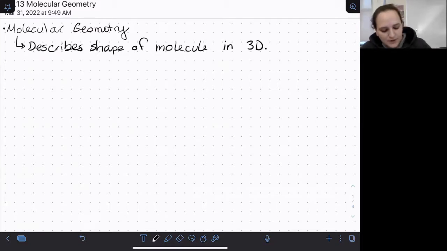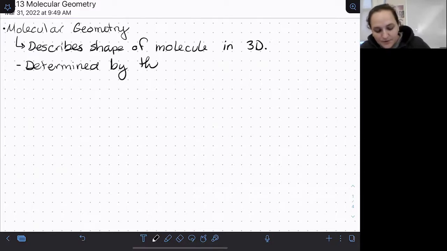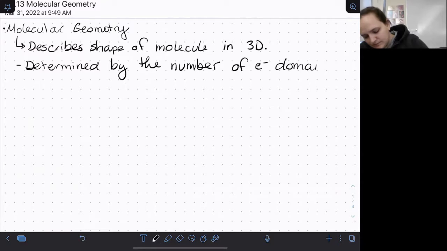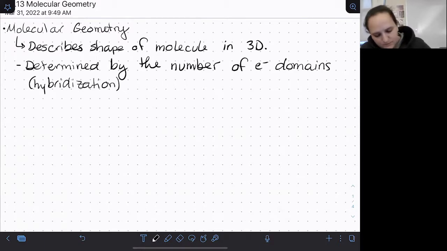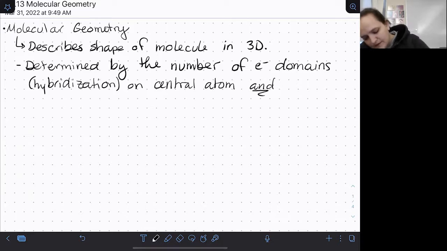So the molecular geometry of something is determined both by the number of electron domains, aka the hybridization, essentially, and how many of those electron domains are lone pairs versus bonds.